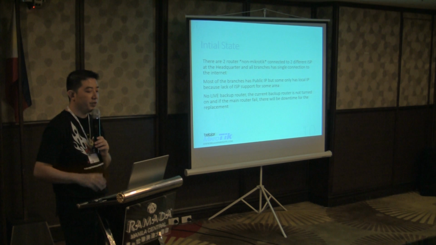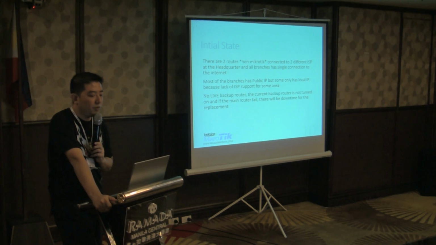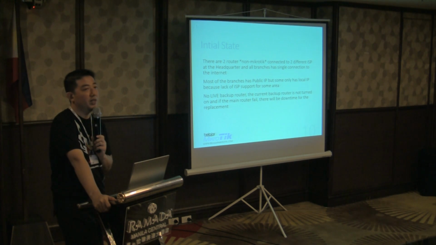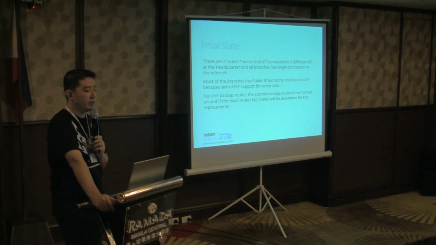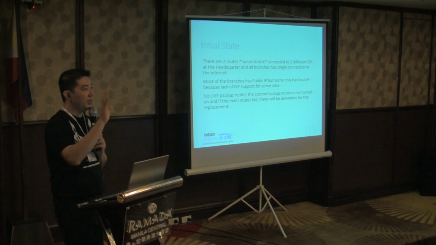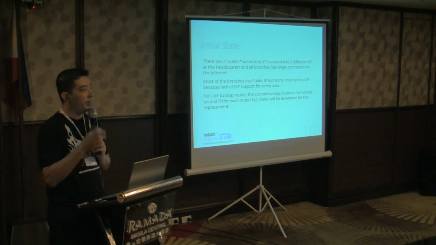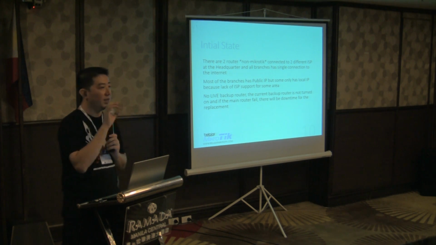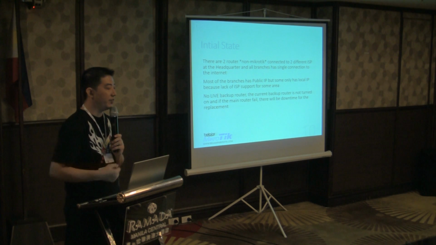Most of the branches have public IP, but some only have a local IP because of lack of ISP support in some areas, which could be very remote. And with no live backup router, if one of the routers fails, they need to replace the router. They don't have a live backup router that can immediately take over the traffic.